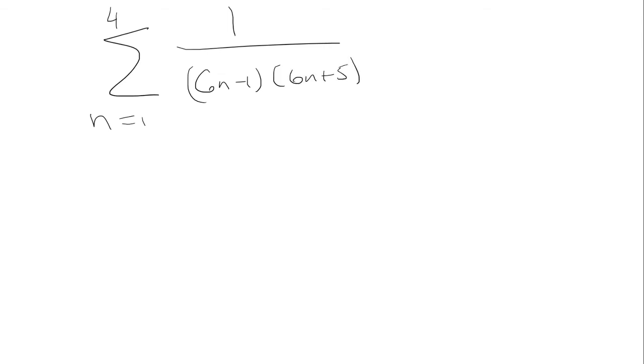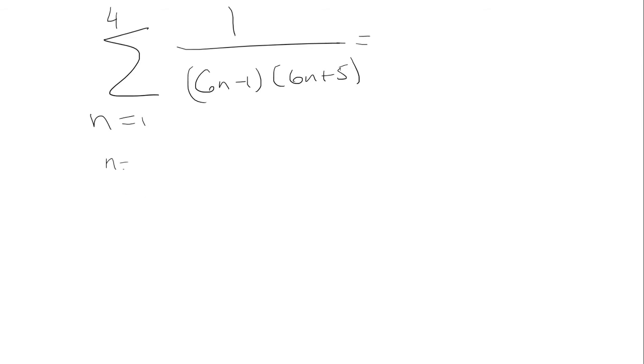Let's look at another one. Let's say we have the sum from n equals 1 to 4, 1 over 6n minus 1 times 6n plus 5. So this is going to have the same form, so we can apply the shortcut. And look how easy the shortcut is. First, identify how many terms are between n equals 1 and n equals 4.